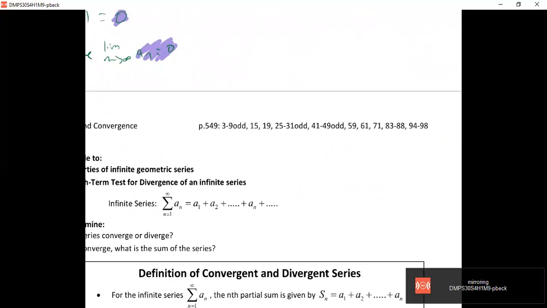And just to give you a little hint of where we're going with this, if you take the integral from 1 to infinity of 1 over x dx, this is going to diverge. If we take the integral from 1 to infinity of 1 over x squared dx, this will actually converge. In both cases, we are adding an infinite number of terms, or really we're adding an infinite area.